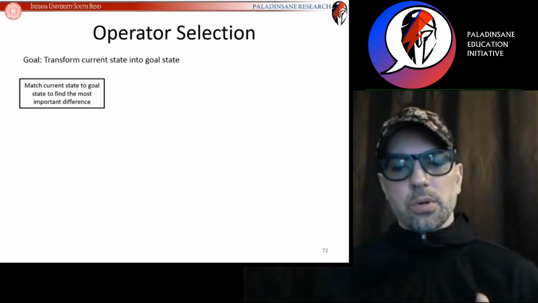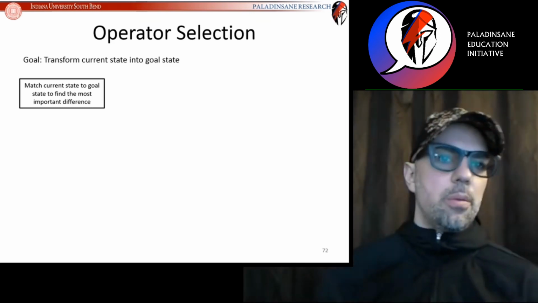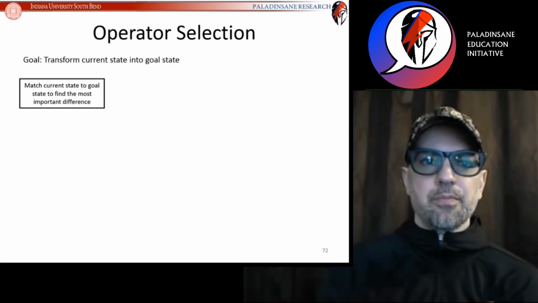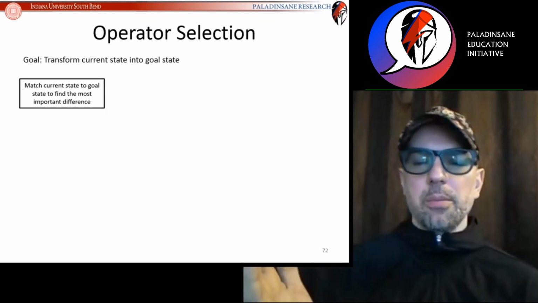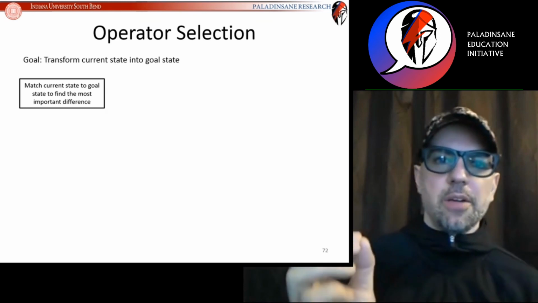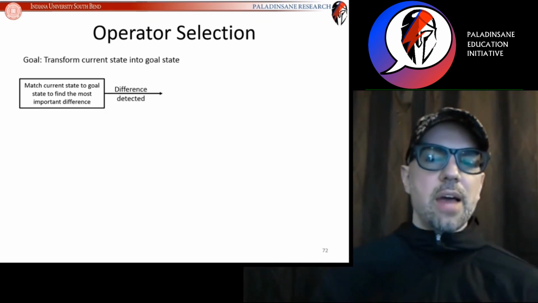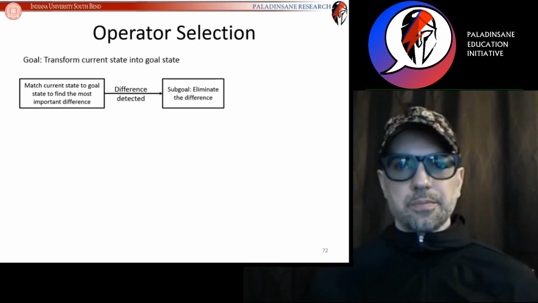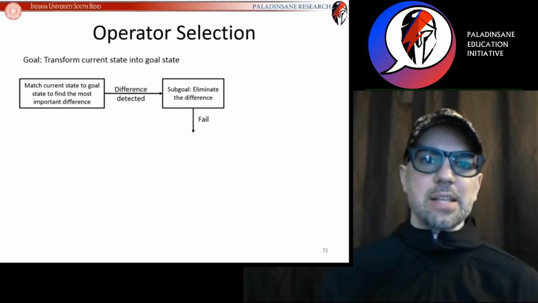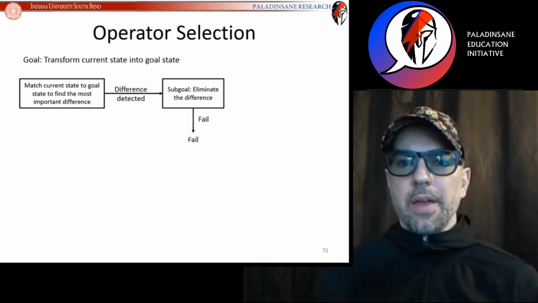So what we do, we'll put up a flow chart here. What we do is we match our current state to the goal state. We compare the two and we find the most important difference. And if a difference is detected, then we have a sub-goal: eliminate that difference. That is, solve the problem. If we fail at that sub-goal, then we fail.